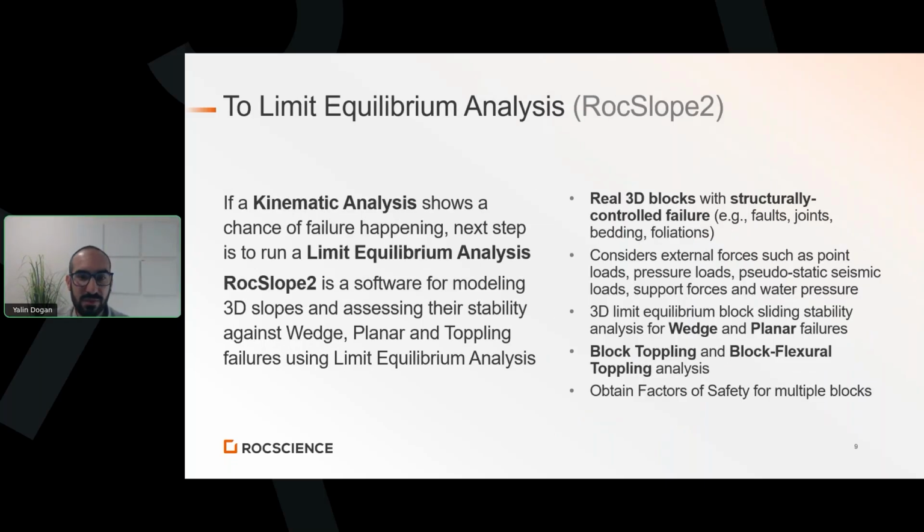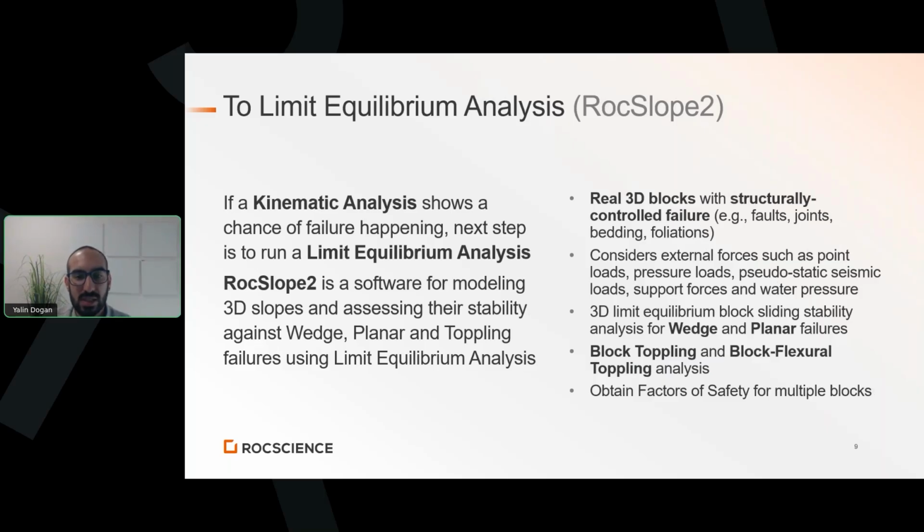So, we briefly talked about Dips and how we use it for kinematic analysis. Basically, kinematic analysis is just about looking at the joint orientations and checking, for example, in the case of a wedge failure, is that intersection line daylighting on the slope face? And is the dip angle of this line of intersection steeper than the friction angle we put in the program?